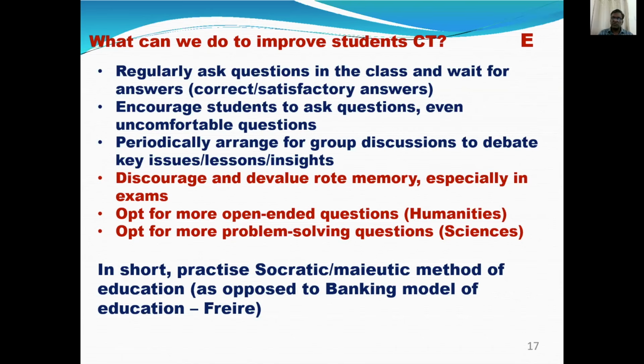Then in the third unit and in the fourth unit, I focused on 2 graduate attributes, which in my opinion are important and relevant, particularly for the times that we are living in. So in the third unit, I talked about EI, emotional intelligence. I answered questions like what is emotional intelligence, and what are the 3 models of emotional intelligence? What are the advantages of having a good or a high emotional intelligence?